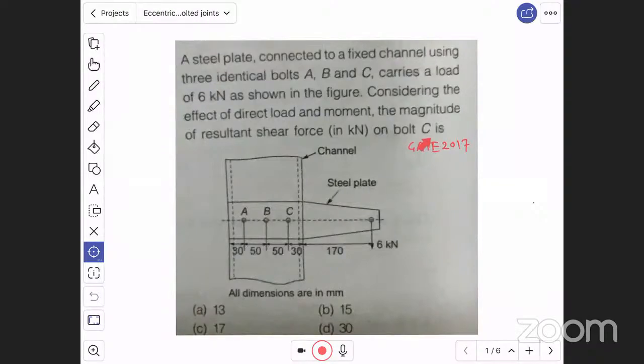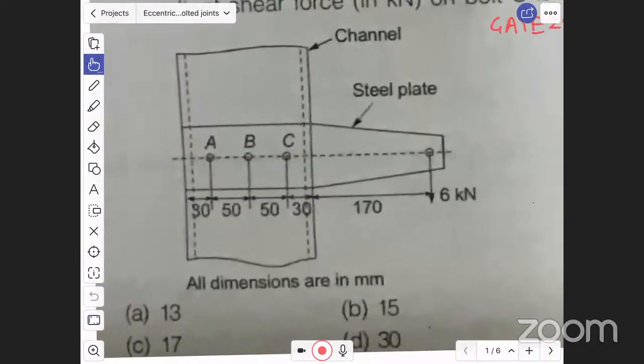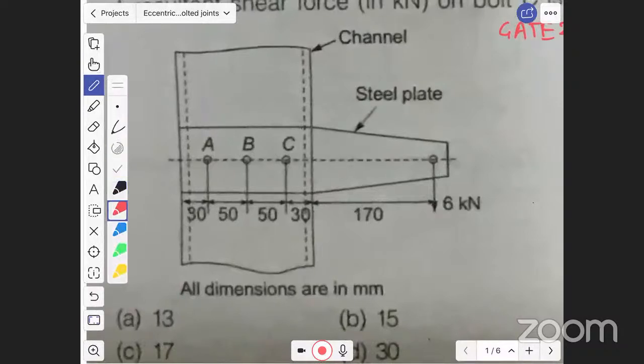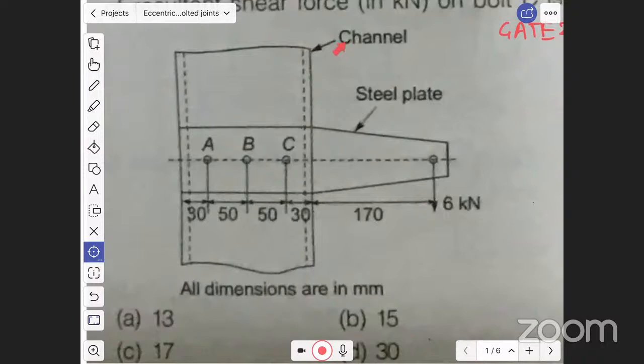Question is to find resultant shear force on bolt C. Now see, look at the diagram. If I zoom it, you can see the diagram clearly. Right. This is the diagram. In this diagram, see, there is a channel.